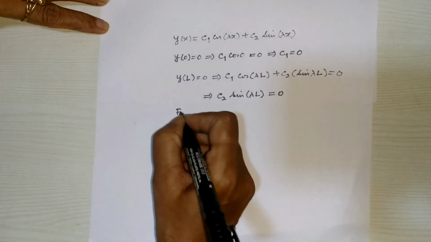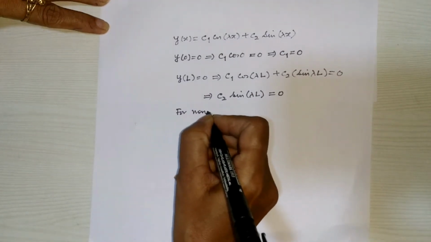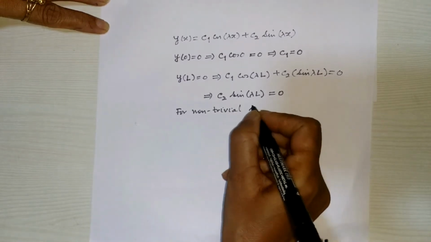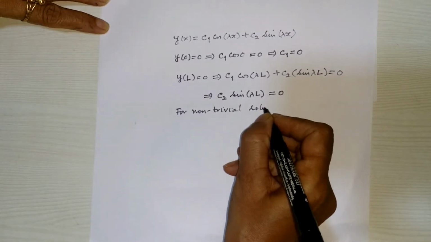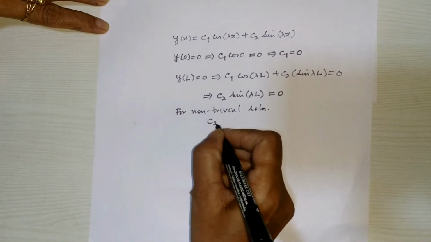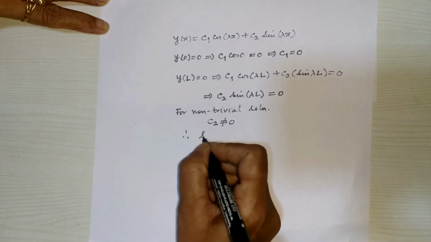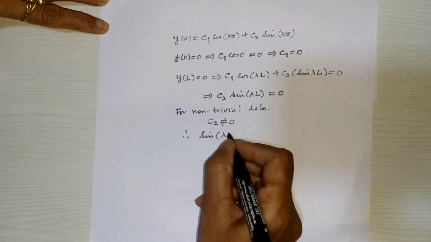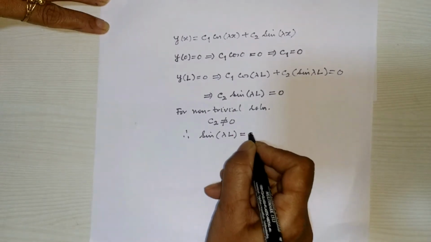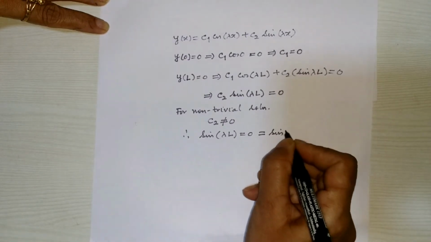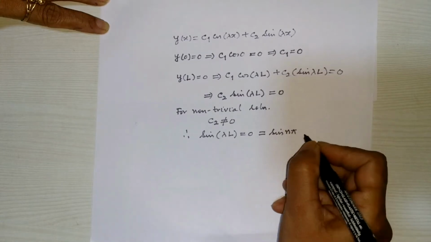For a non-trivial or non-zero solution, we require c2 to be non-zero. Therefore, sine of lambda L is 0. This can be written as equal to sine of n pi, where n is an integer.